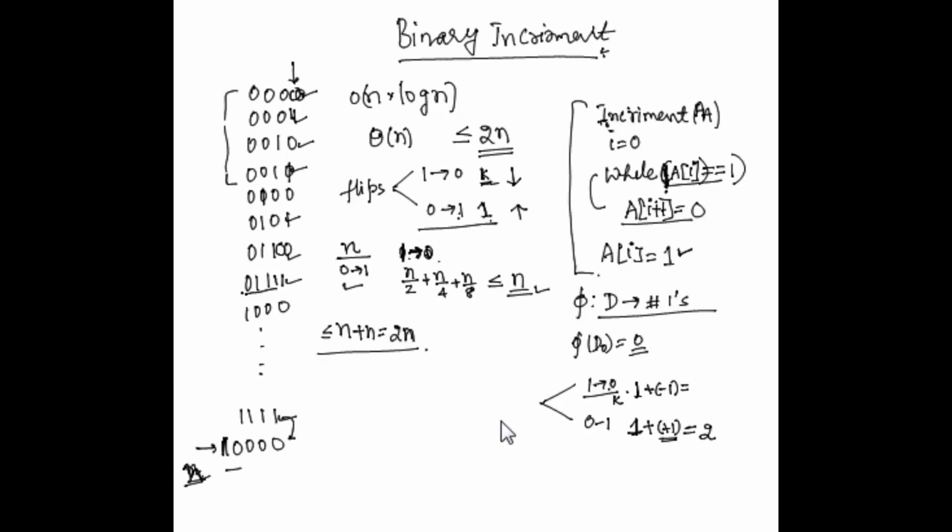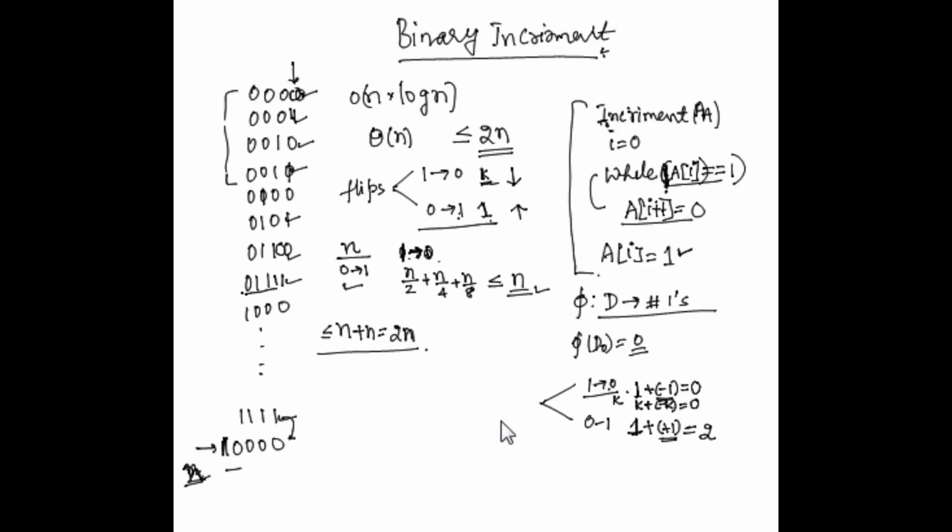So the amortized cost of this operation is 1 plus -1, which is 0. If I do k such operations, the actual number of flips is k, but the change in potential is -k, so the amortized cost of the operation is 0.